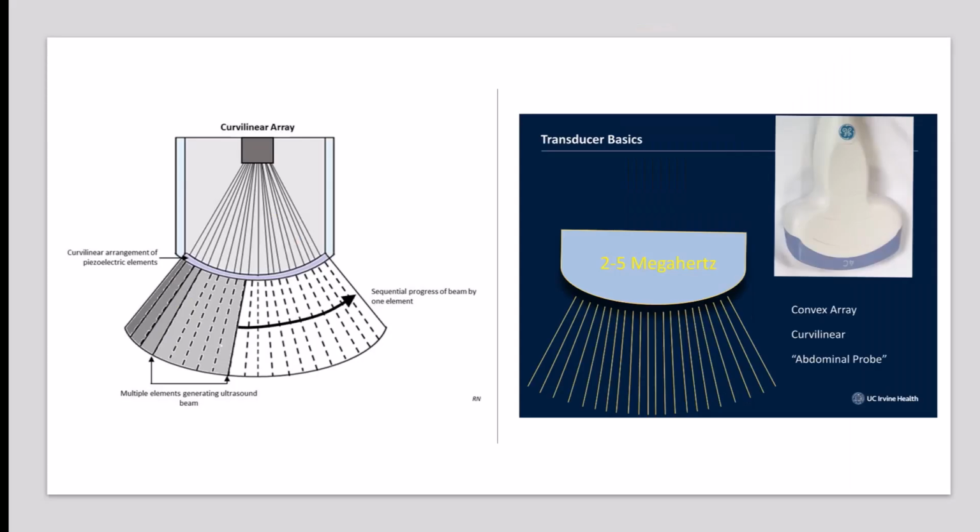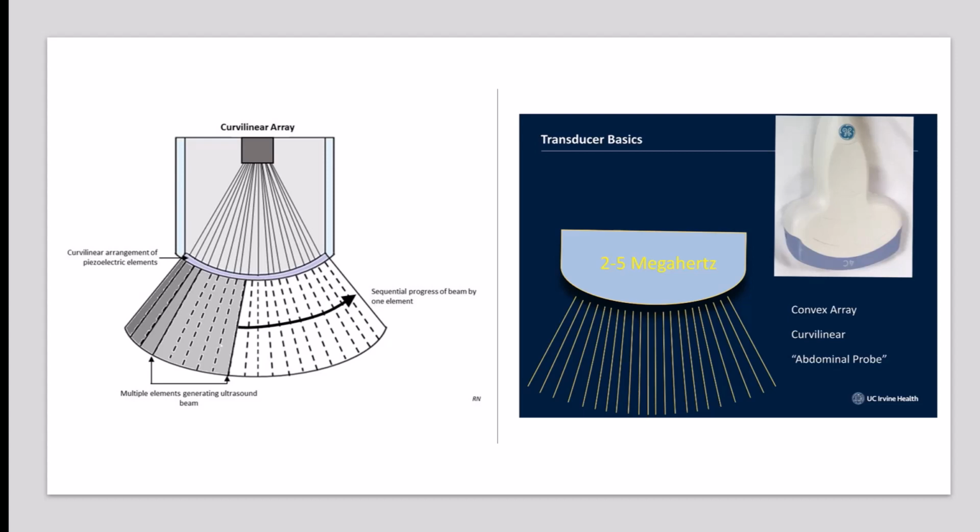Convex or sequential arrays are also known as curved or curvilinear arrays. They're very similar to the linear array, but the piezoelectric crystal elements are arranged along a curved transducer head. Ultrasound beams are emitted at 90 degrees to the transducer head.